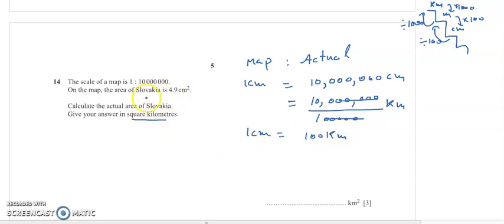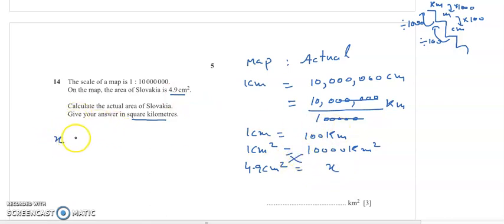And now as we have to deal with the area, I will convert the unit into centimeter squared because the area is given in centimeter squared. So 1 centimeter squared will be 10,000 kilometers squared. Now it's given that on the map the area is 4.9 centimeters squared. So what will be the actual? I will write it as x. By cross multiplication we can get it.